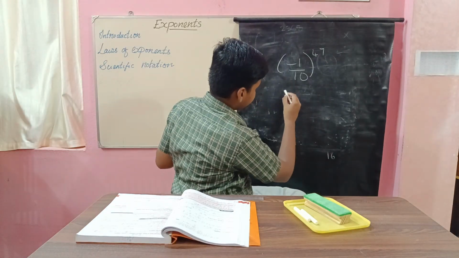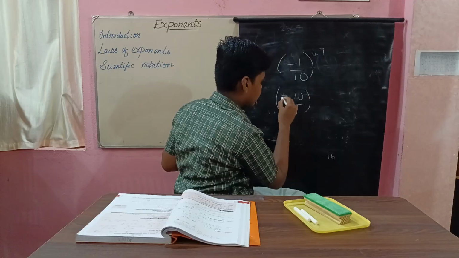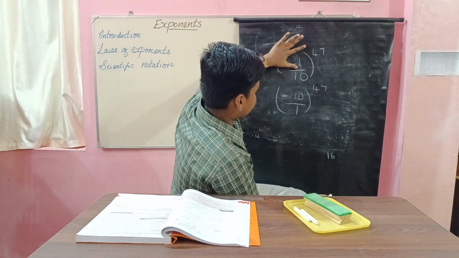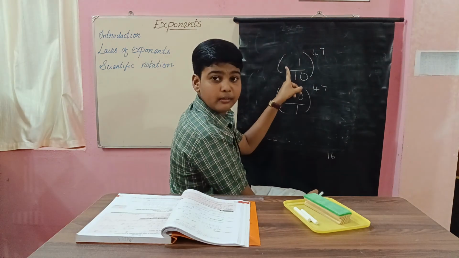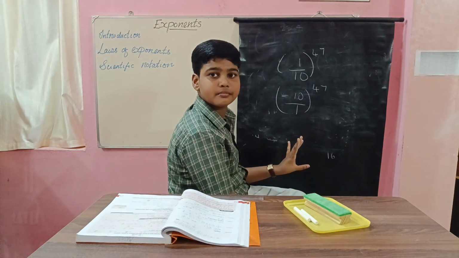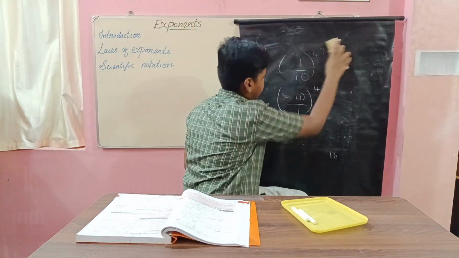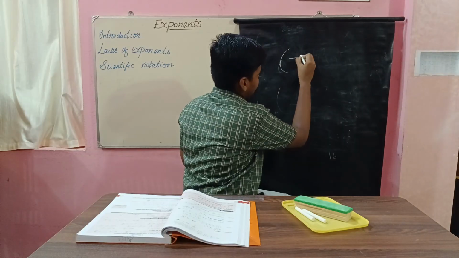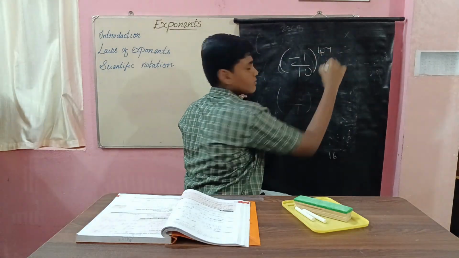First method is to write it like minus 10 by 1, as you all know, by 47. Or just erase the symbol which is near this number and simply write it. I think you can understand it. A little bit. The sum is minus 1 by 10 by 47.